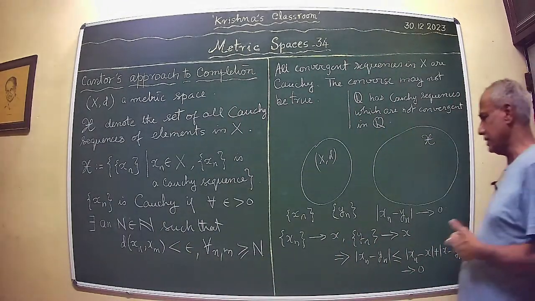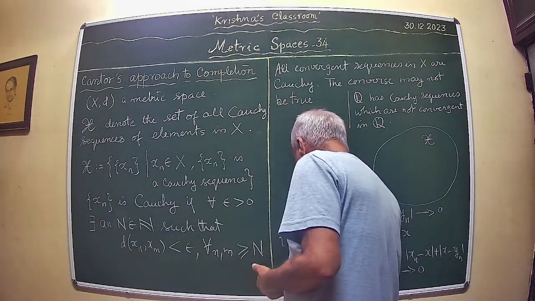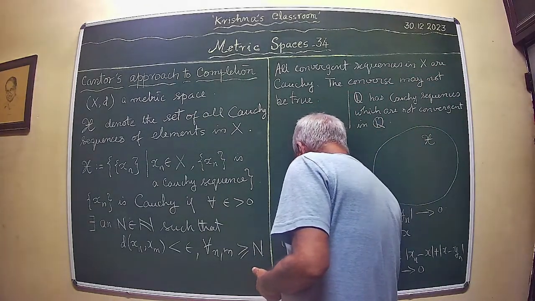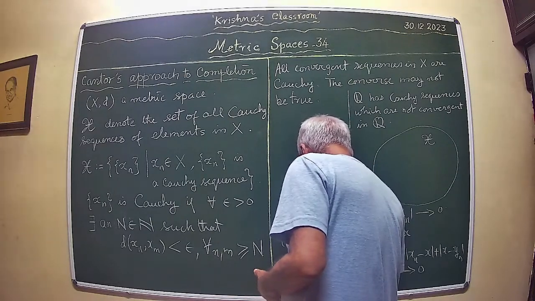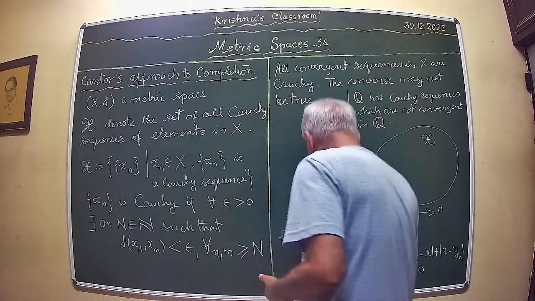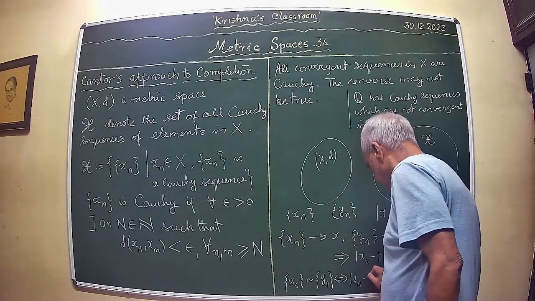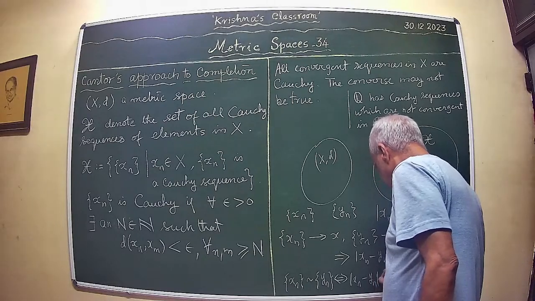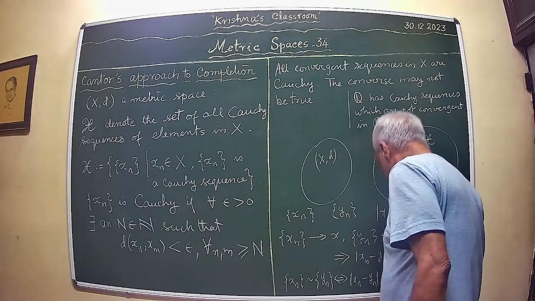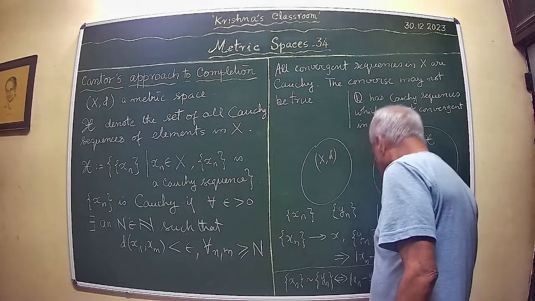The relation is that xn is related to yn if and only if mod xn minus yn goes to 0. So that's the sort of relationship that we want to work.